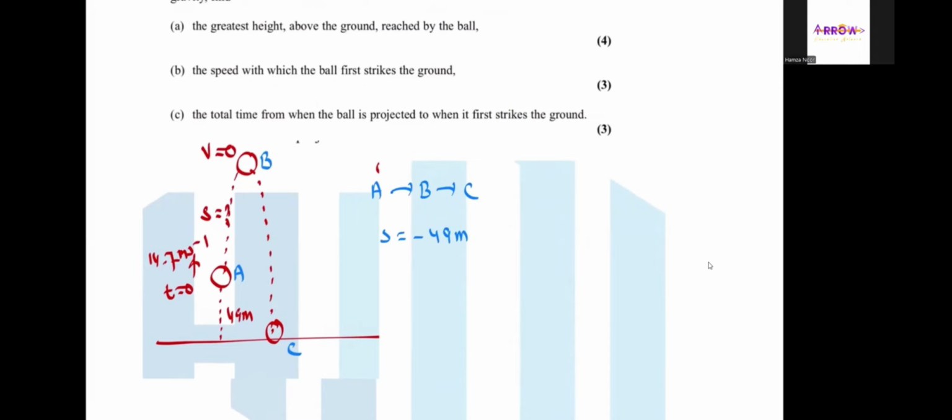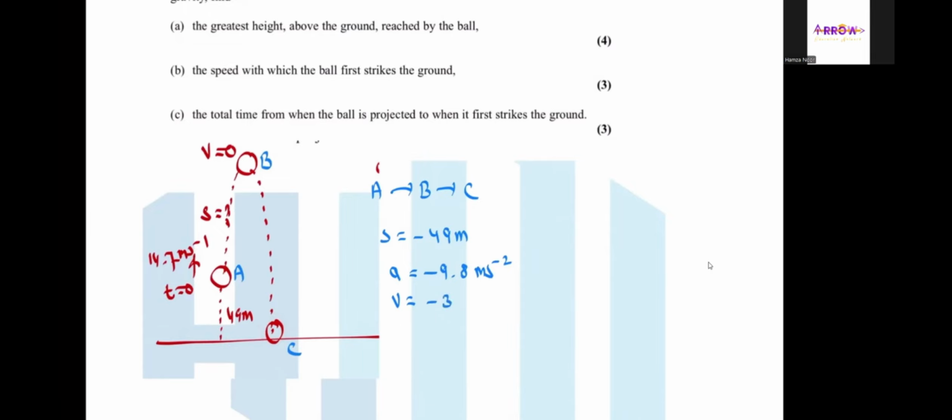When you are considering the complete journey from A to B to C, acceleration will be taken as a negative value, minus 9.8. And the velocity when the ball reached point C was minus 34.3.